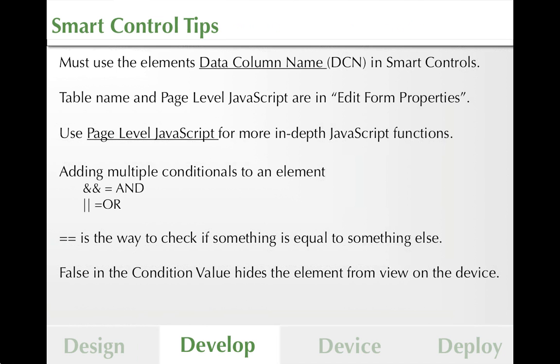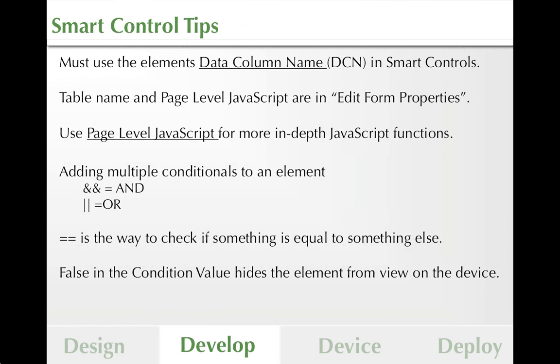The next is the table name and page level JavaScript, which are located in the edit form properties. You can locate that on the first page that you see when you open up Form Builder. You can also get into it through a specific form. And we also have the use of page level JavaScript for more in-depth JavaScript functions.